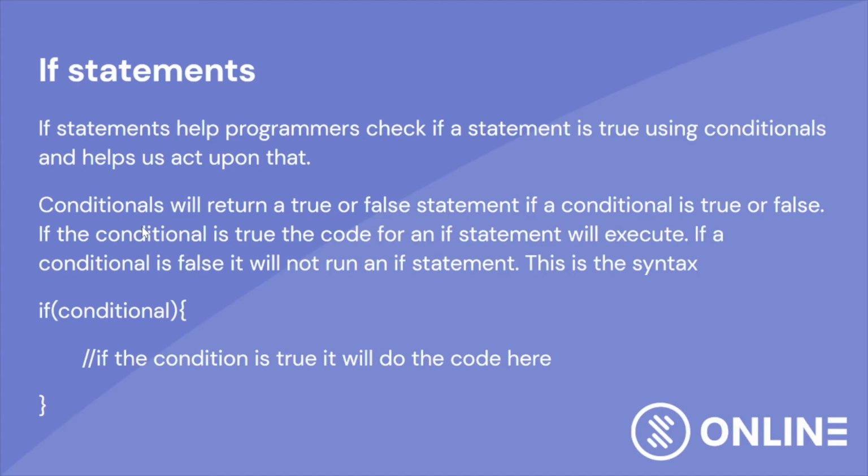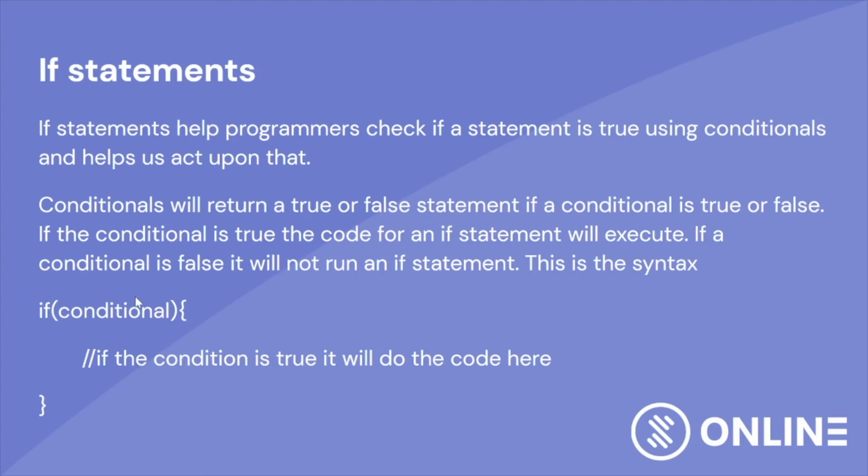Conditionals, remember, will return a true or a false statement. If a conditional is true, the code for an if statement will execute, and if a conditional is false, it will not run an if statement. And this is the syntax down here.